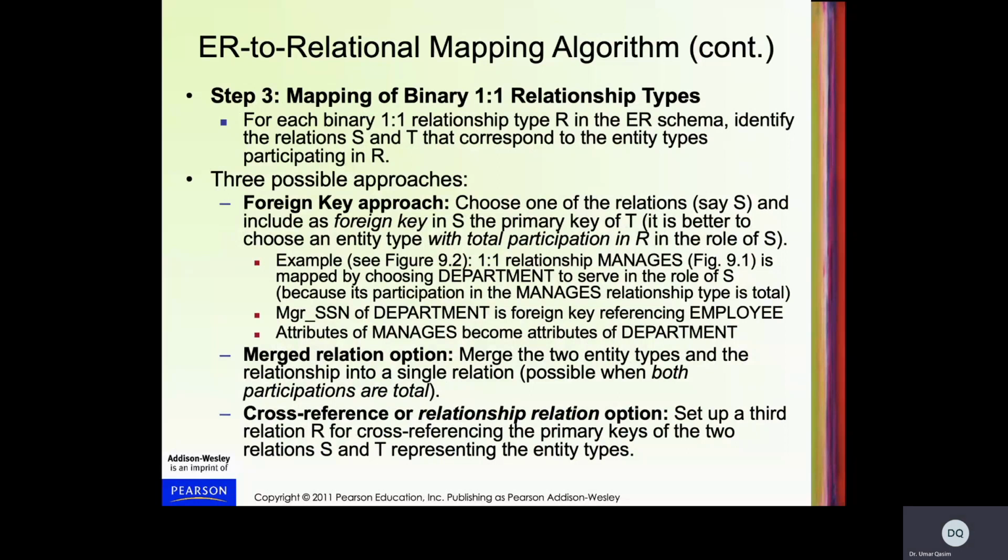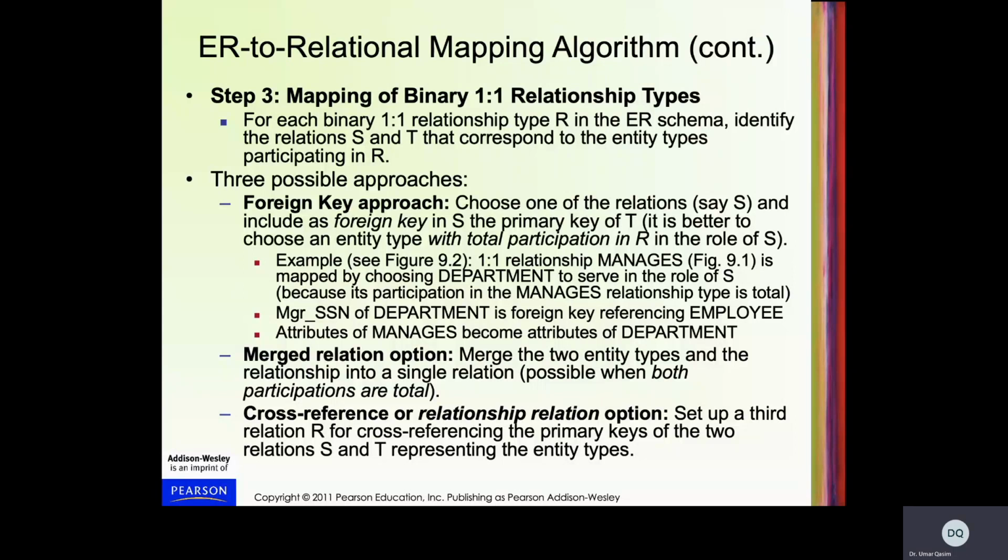So in this one-to-one relationship, if you look at the participation level, from the department side the participation is full participation, or total participation, whereas from the employee side, it is a partial participation. How? Because each and every department must have a manager. So this is a total participation definition.